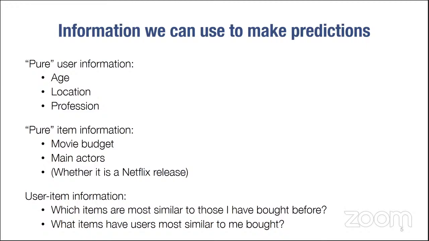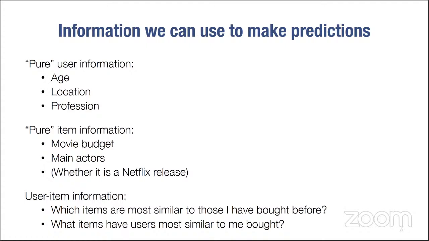We have the crop recommender system. There's no user information in the crop recommender system. Nobody cares about your age. If you are building a crop recommender system, they don't care about your Netflix history, right? So the information we use to build a recommender system depends on that particular niche, on that particular application. If you're building a crop recommender system, you probably don't need to worry about soil texture, right?